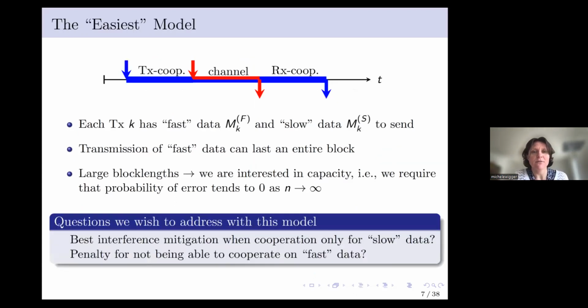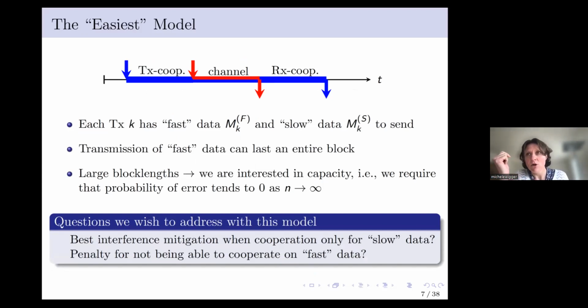But we'll start with the easiest model. As a personal touch, I think the problem of sending this mixed-delay traffic data on the same channel slots is interesting. It's very rich.